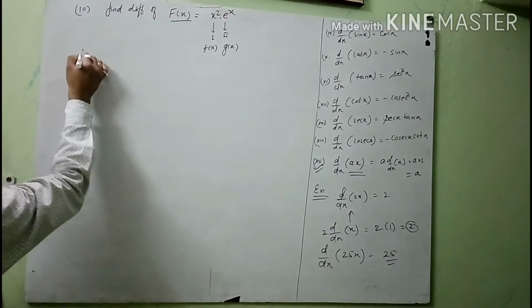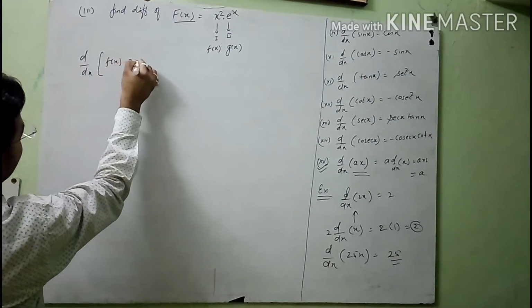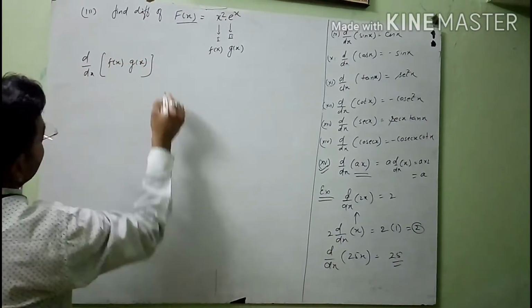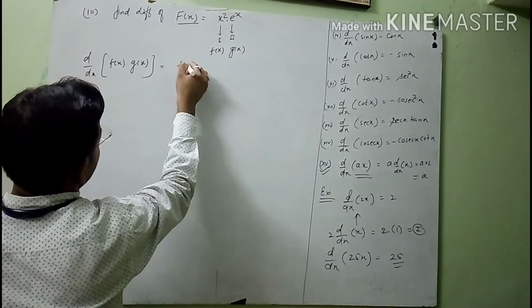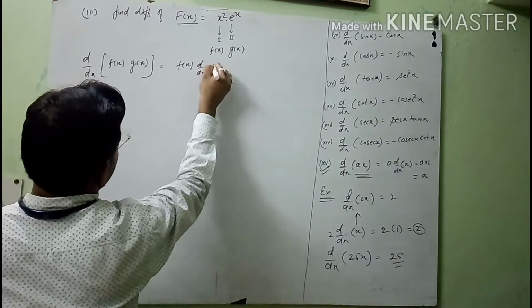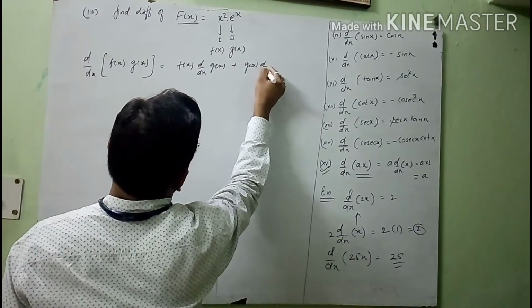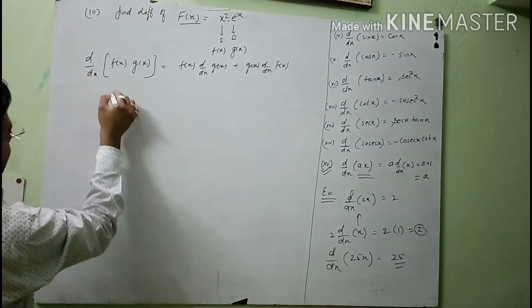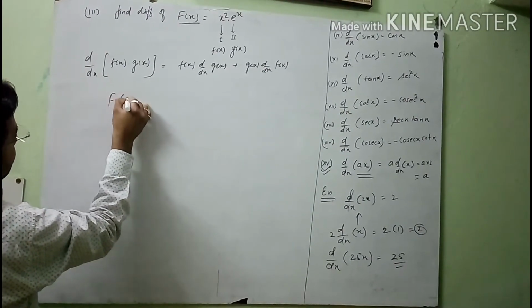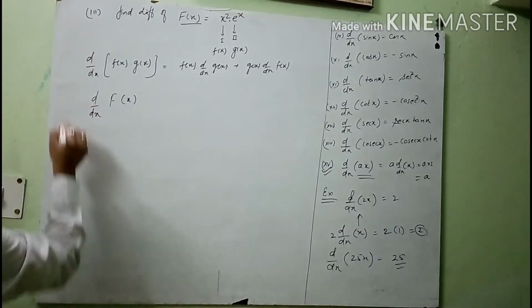So how will we solve this type of question? See here, we will follow the product rule which I discussed on the previous page. The formula is first function into differentiation of second, plus second function into differentiation of first. Is the point clear? So on the basis of this formula, I will differentiate f(x) with respect to x.